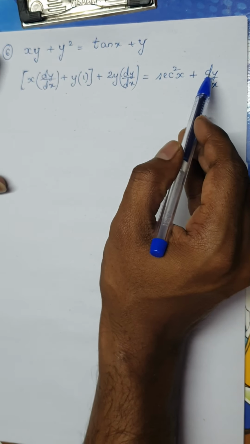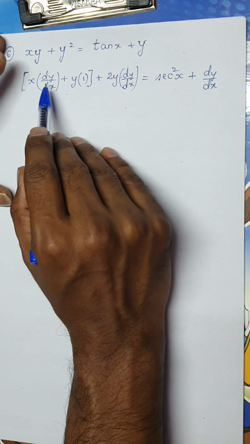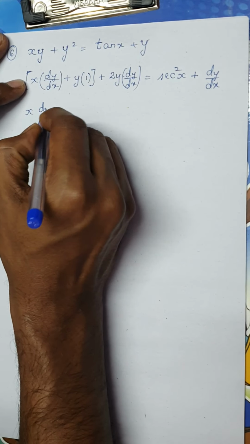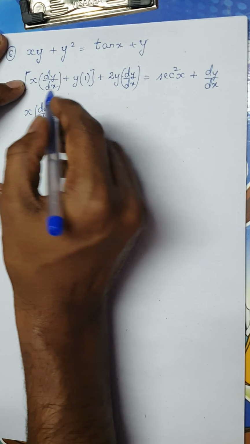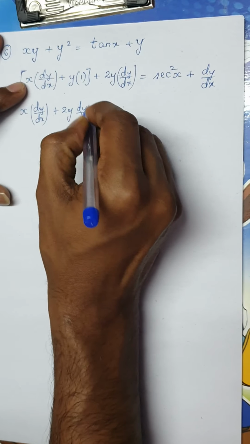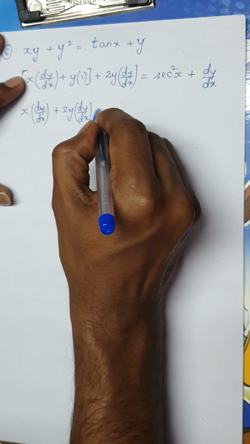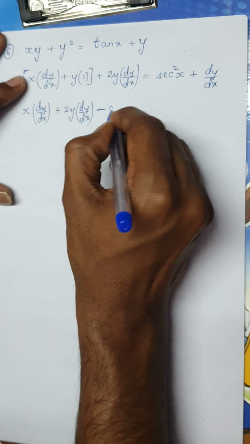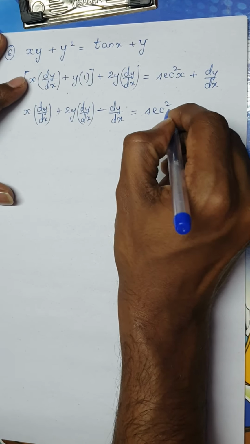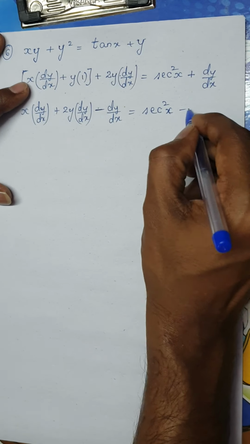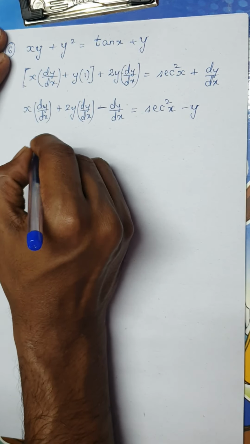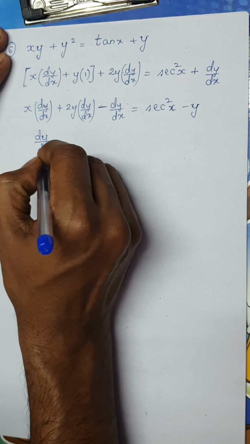Now take all the dy by dx terms to left hand side and the other term to right hand side. So I have x into dy by dx, okay, plus 2y into dy by dx. So if you bring it to the left hand side, I'll get minus dy by dx. This is nothing but secant square x. Now this y comes to right hand side, I'll get minus y, okay. So in all these terms I have dy by dx common.